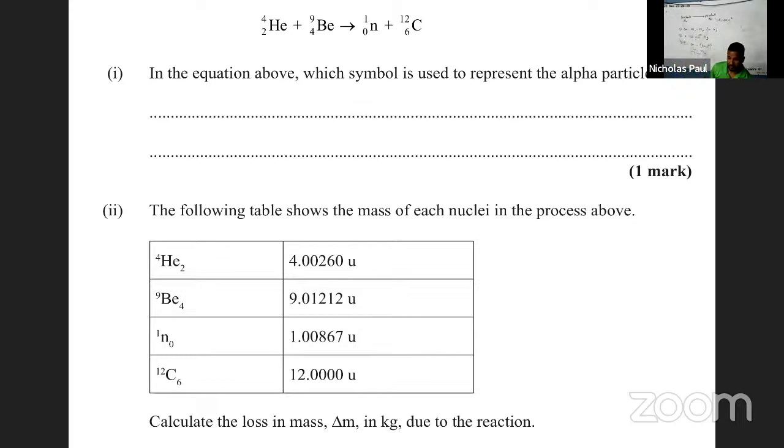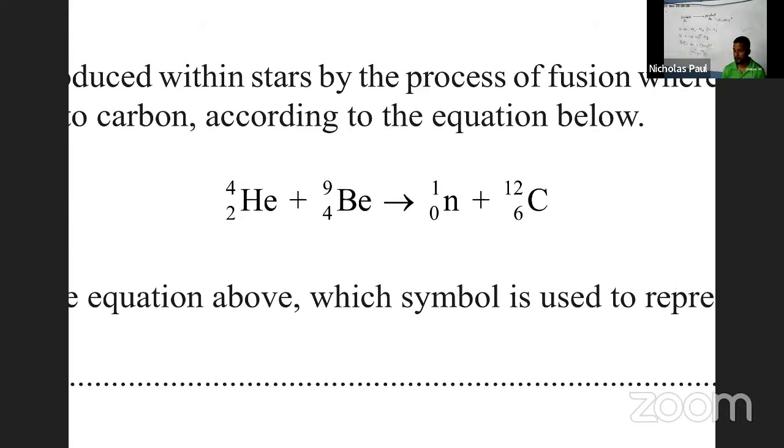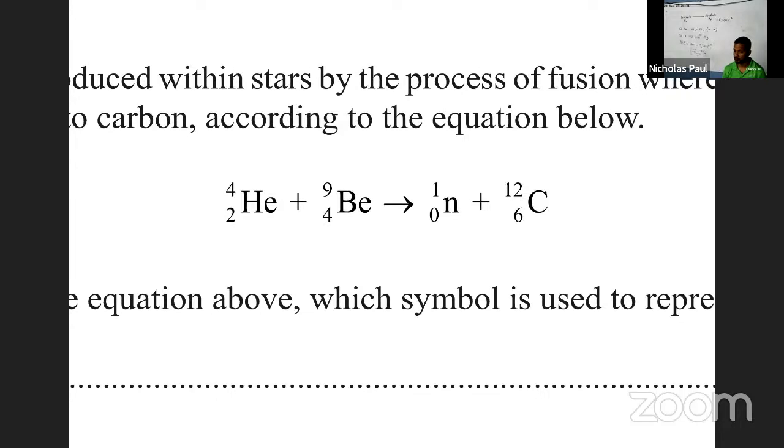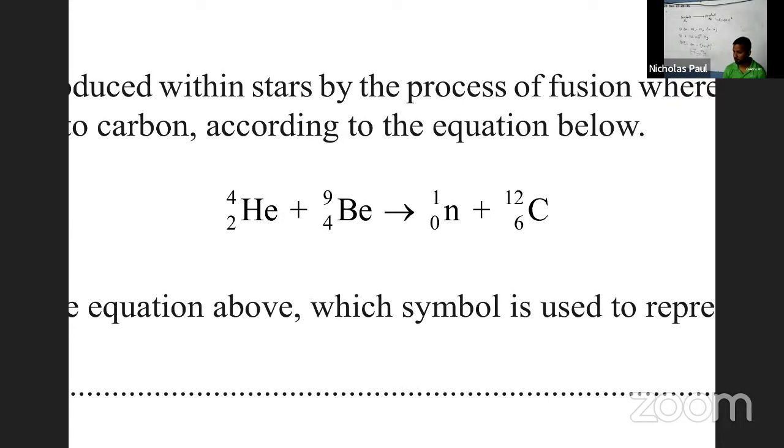Write down the equation first, everybody. The numbers are not too important. It's balanced already.